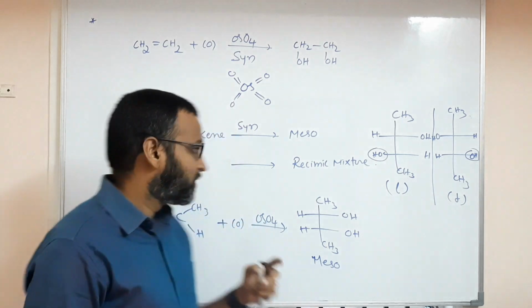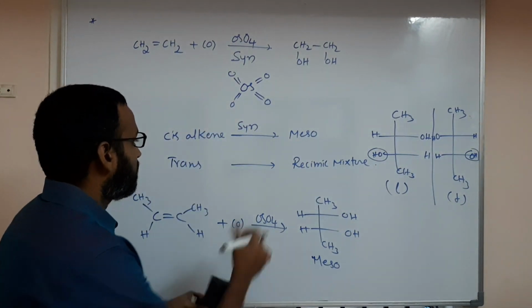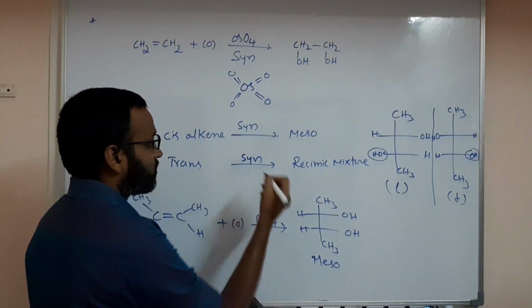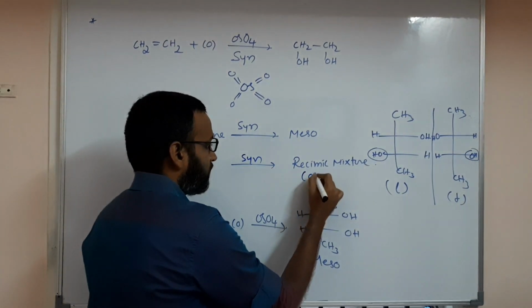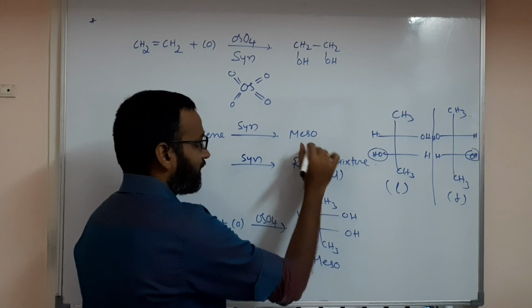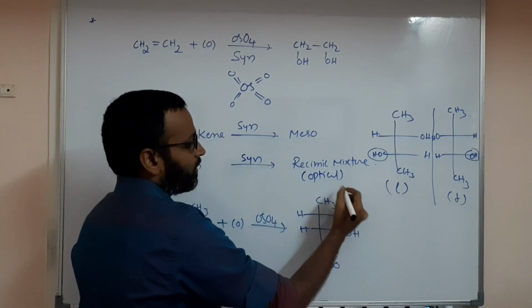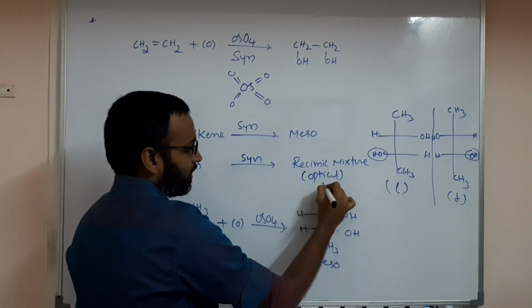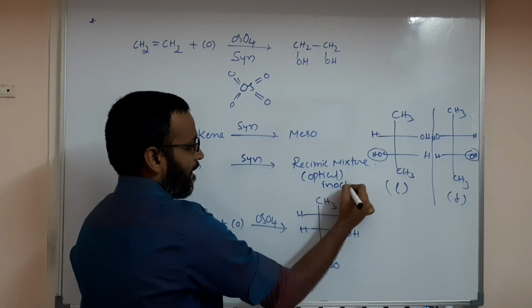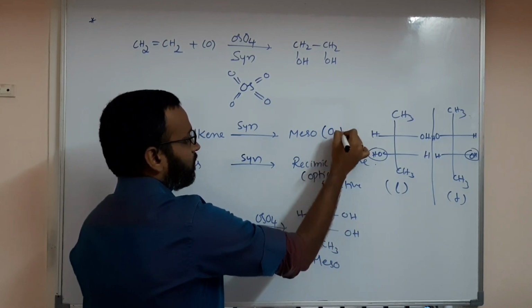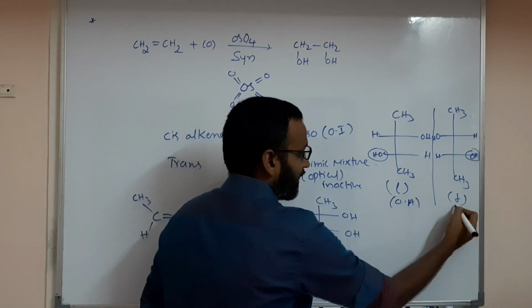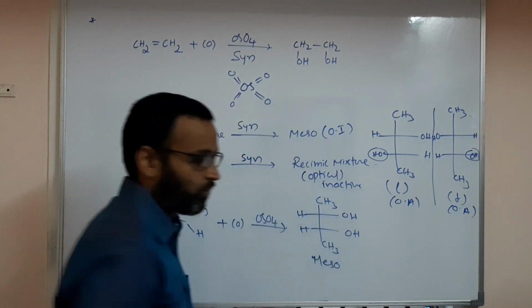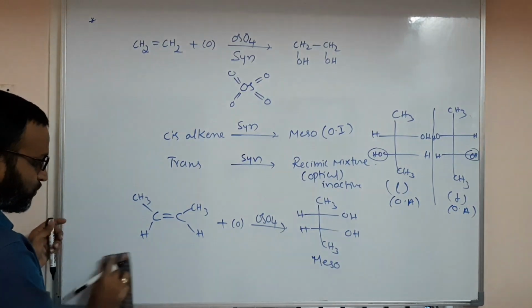Why am I explaining all these things? Maybe you think: which of the following reactions gives an optically inactive compound? This one is optically inactive, and that one is also optically inactive, though individually these are optically active.